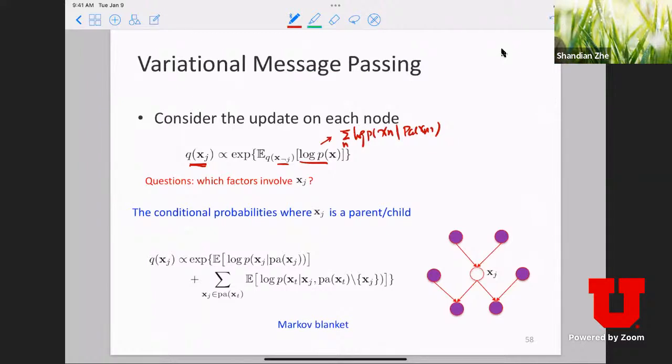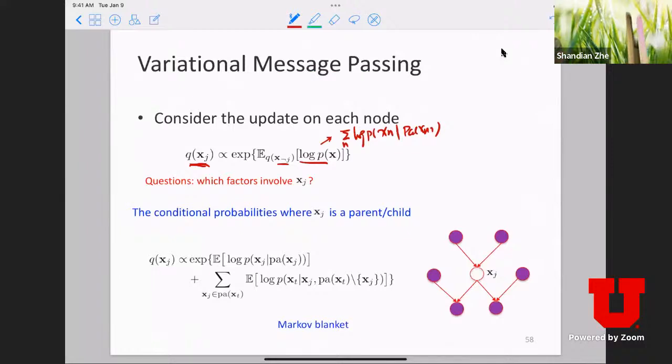If some term does not contain xj at all, it's constant with respect to xj. So when you do the normalization, it's going to be canceled out. You can just throw them out. Then the only log conditional probabilities related to xj are those terms that include xj.